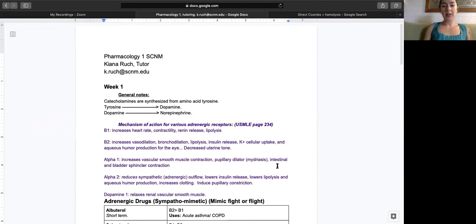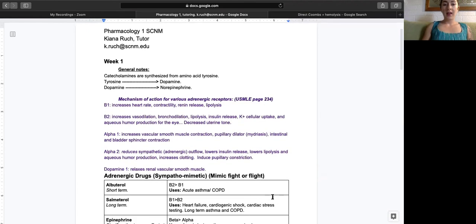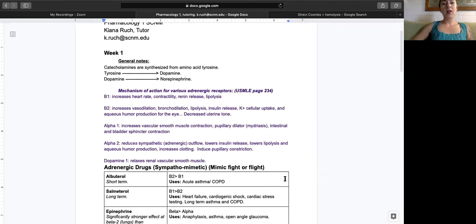Intestinal and bladder sphincter contraction, because you don't want to be going to the bathroom when you're running away from a tiger. Thank you, Dr. Schmidt. Alpha-2 will reduce sympathetic or adrenergic outflow. It lowers insulin release, lowers lipolysis, and aqueous humor production. It increases clotting and platelet adherence and induces pupillary constriction, also known as miosis.